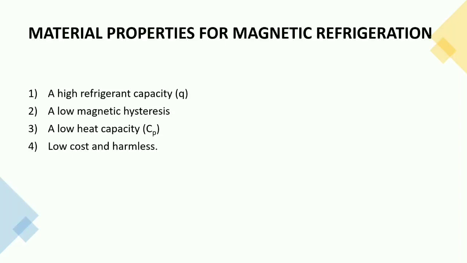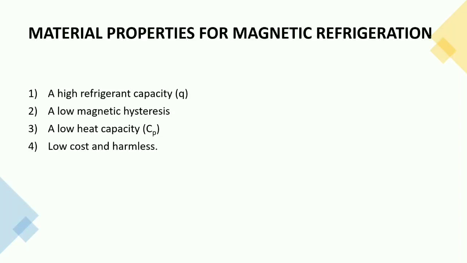The material should have low heat capacity. The heat capacity is represented by Cp. Since a high heat capacity increases the thermal load, more energy is required to heat the sample and causes loss in entropy.